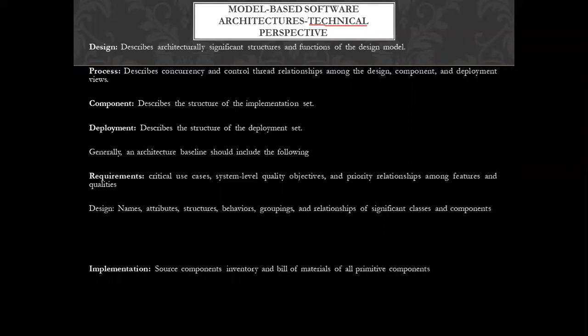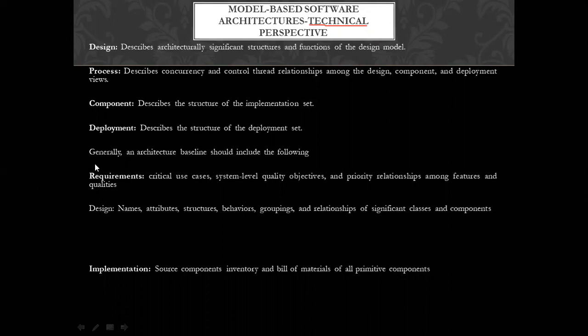Software architecture includes the structure of the software system, its behavior, and the patterns that guide these components and elements, their collaborations, interactions, and compositions. All these things together make one software architecture. And an architecture framework is defined in terms of views. These are the different views given here.